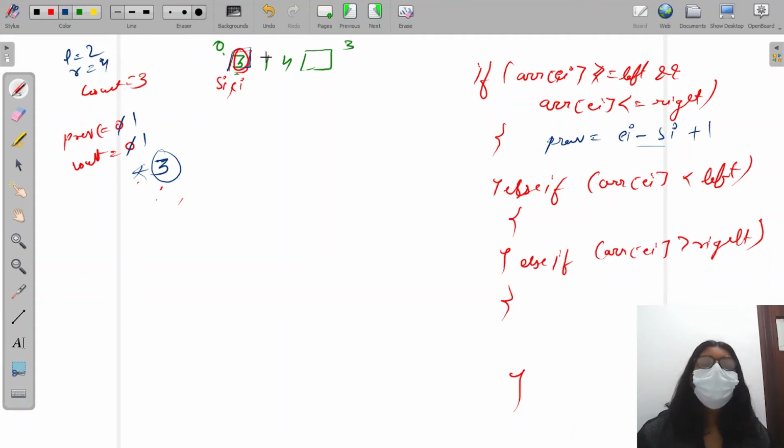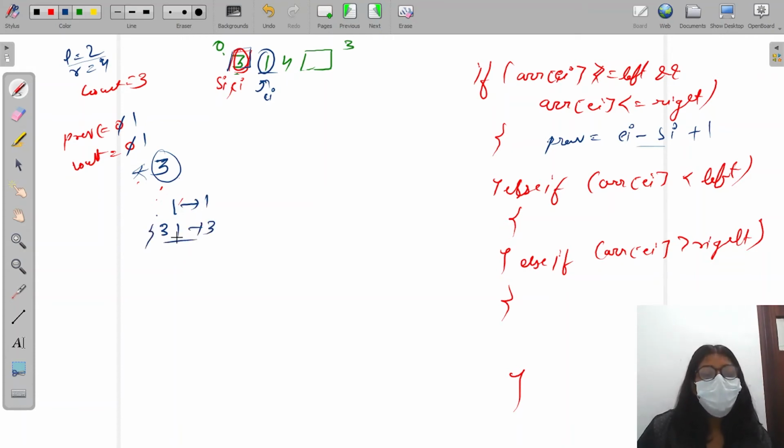Okay, I check the next one. My index EI moves here. Is this one in my range? No, this one is not in my range. So let's see, the possible subarrays ending at 1 are 1 and 3, 1. The max here is 1, but the max in the other is 3.